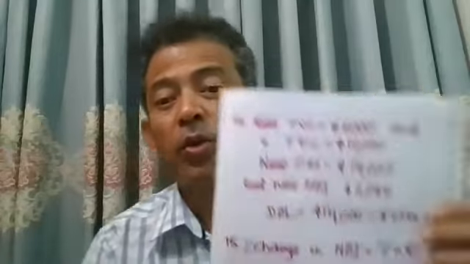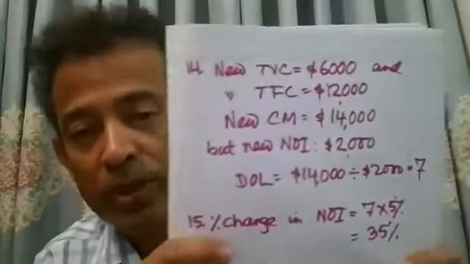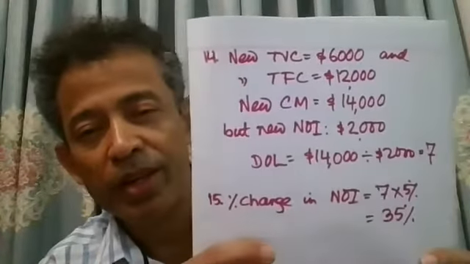If sales go up by 1%, our operating income would go up by 4%. We're in a very sensitive situation. Sensitive because if our sales drop by 1%, our operating income would drop by 4%. Double-edged sword.